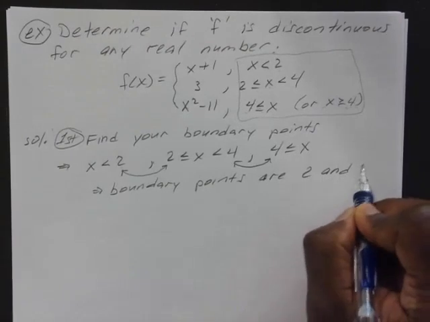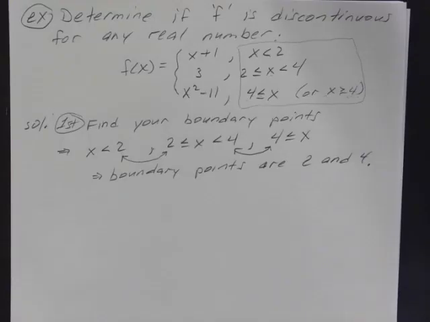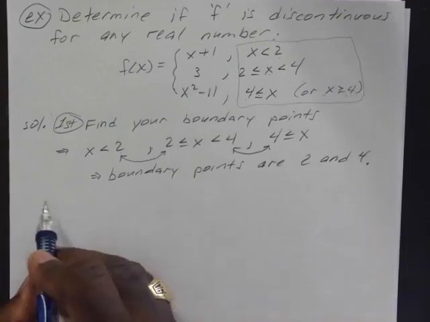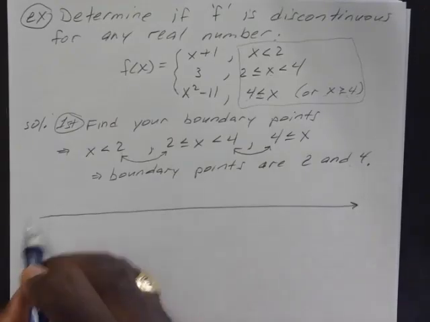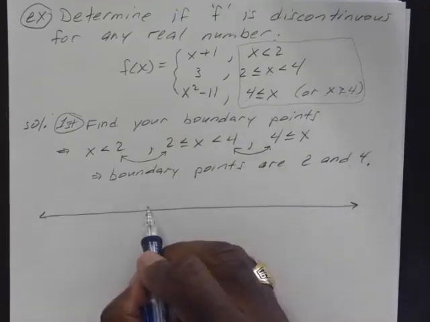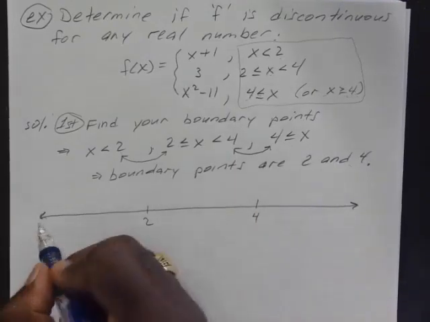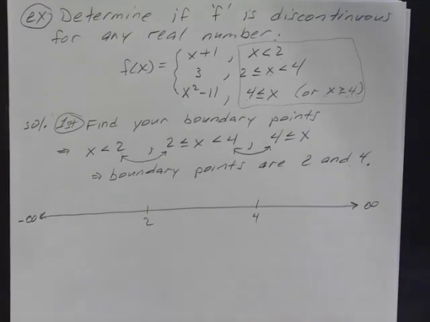Two and 4. So we're just going to get those points and mark them on our number line. Remember, that number line goes from negative infinity to positive infinity.